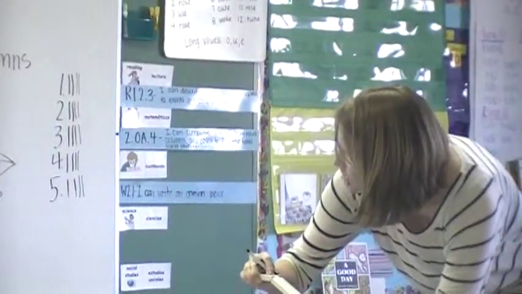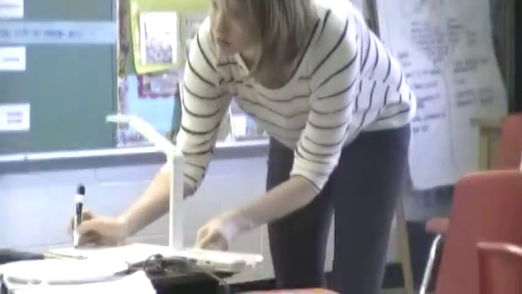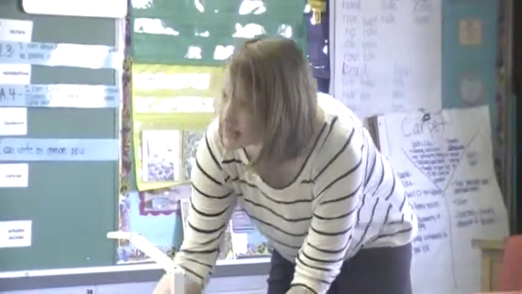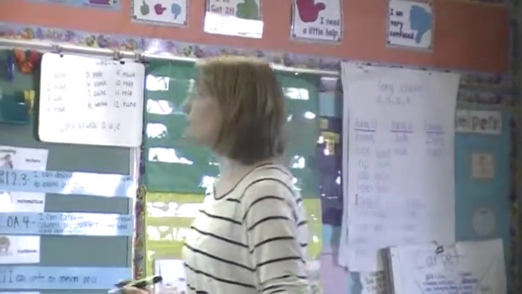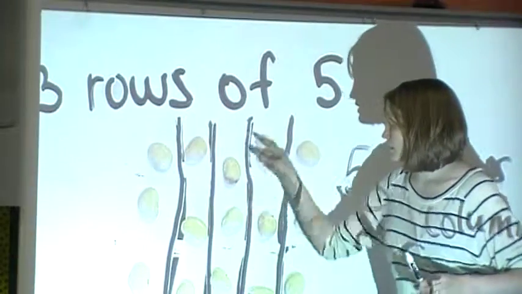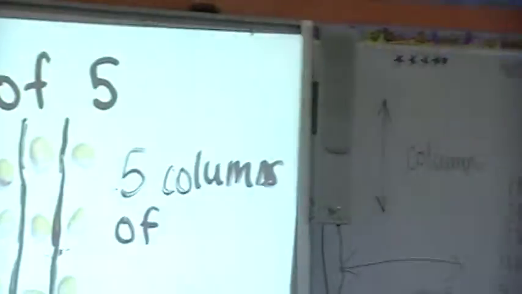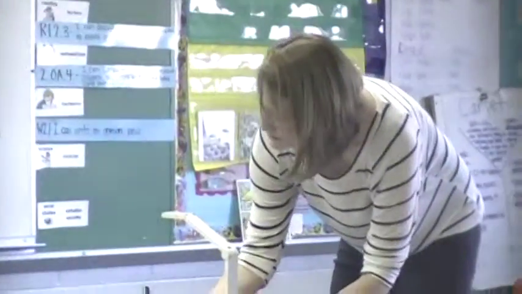How many are in each column? Adriana, how many are in each column? 5. You have 5 columns. 1, 2, 3, 4, 5. But how many are in each column? 3. So I have 5 columns of 3.